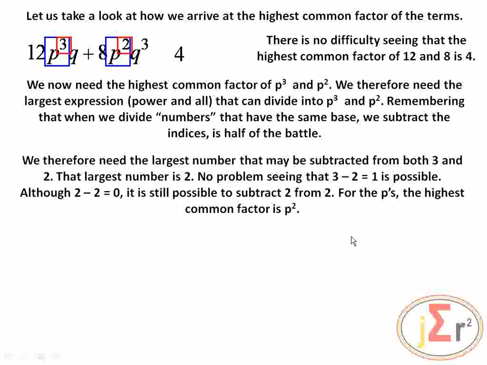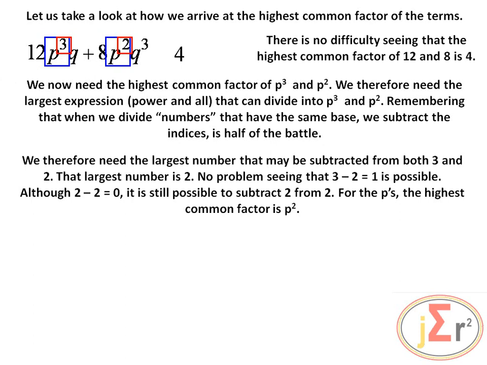We therefore need the largest number that may be subtracted from both 3 and 2. The largest number is 2. So we are subtracting the indices when we divide. Instead of saying, as we said before, what is the largest number that can go into 12 and 8, and that largest number is 4, when it comes to the indices we cannot say what is the largest number that can go into 3 and 2.